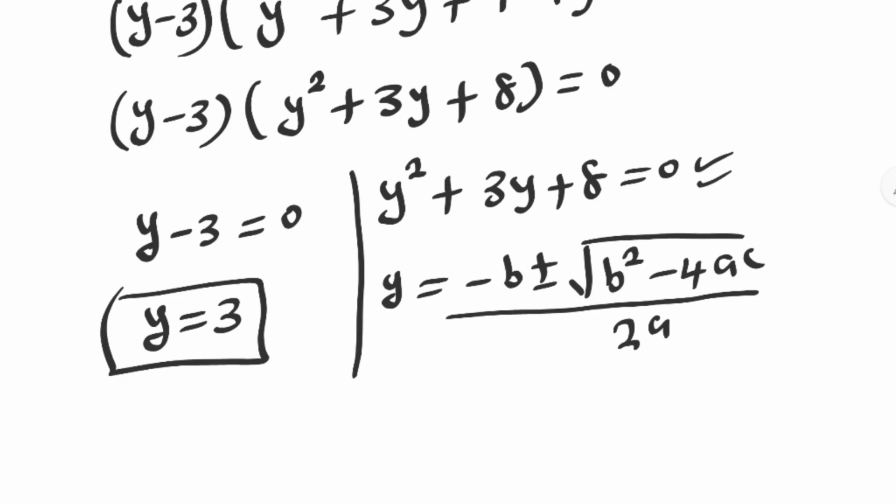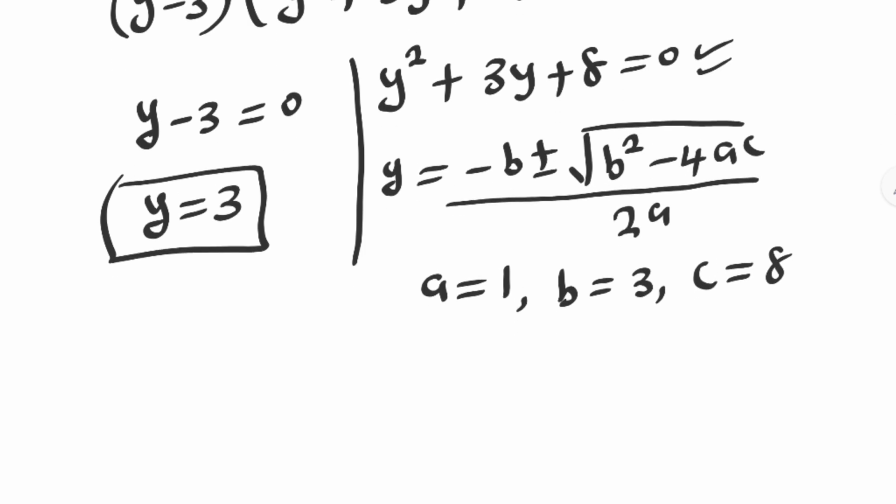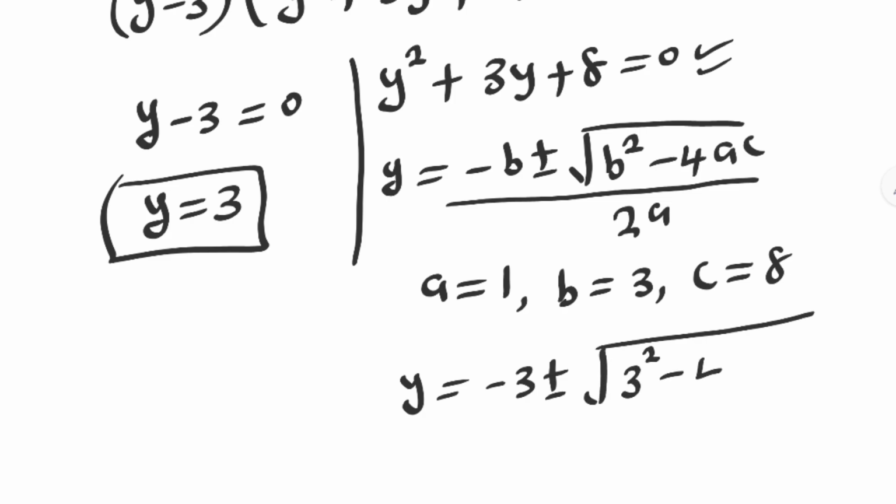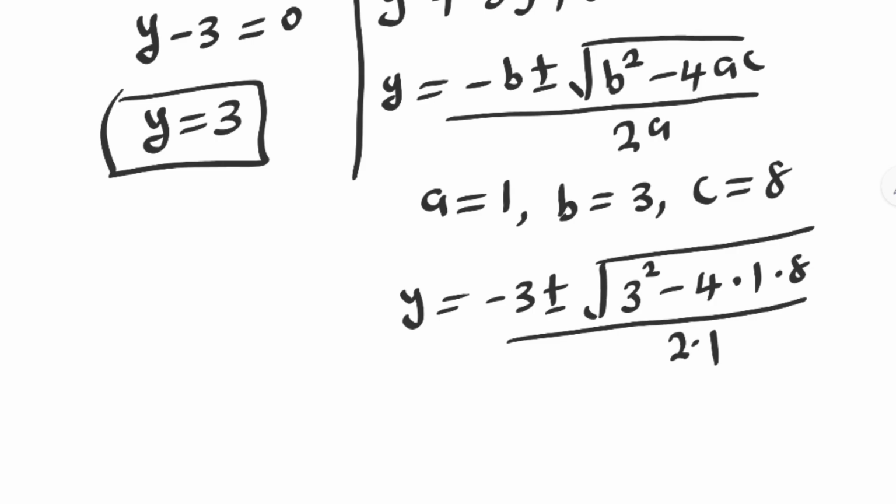Then from this equation, a is equal to 1, b is equal to 3, and c is equal to 8. y is equal to minus 3 plus or minus square root of 3 square minus 4 multiplied by 1 multiplied by 8 over 2 multiplied by 1.